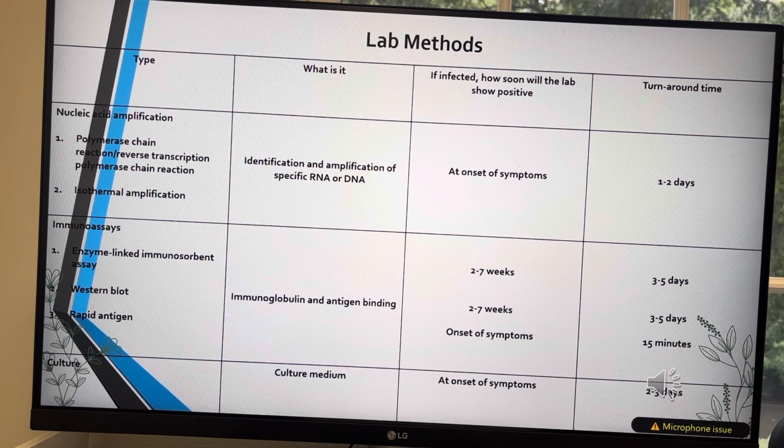If the antigen being tested for only has RNA, like the Zika virus, it doesn't have DNA, well then reverse transcription PCR is used, where the RNA is changed to DNA before the amplification process. If the antigen has DNA, no reverse transcription is needed.